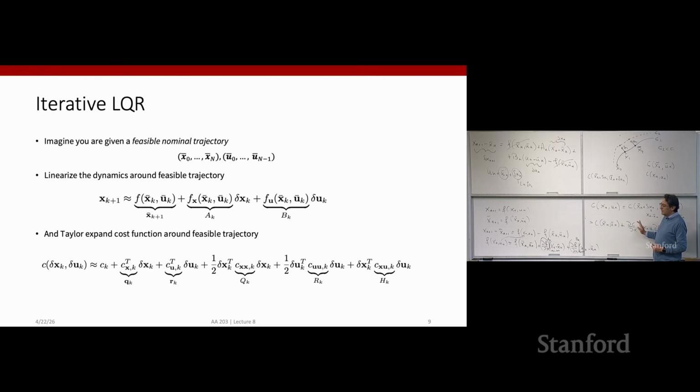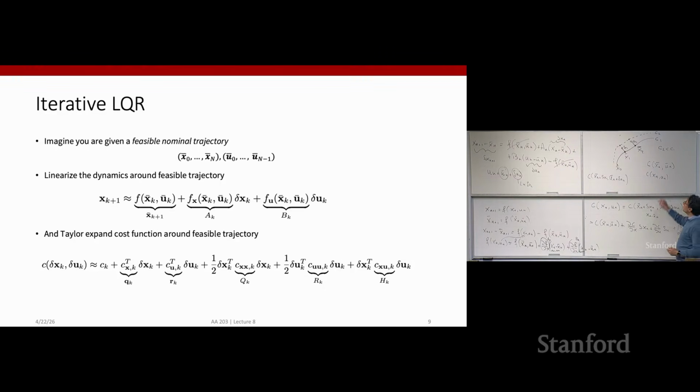So then the idea is, let's compute the deviation variables delta x, delta u in such a way that the pair delta x, delta u achieves an approximated cost that is lower than the nominal cost.